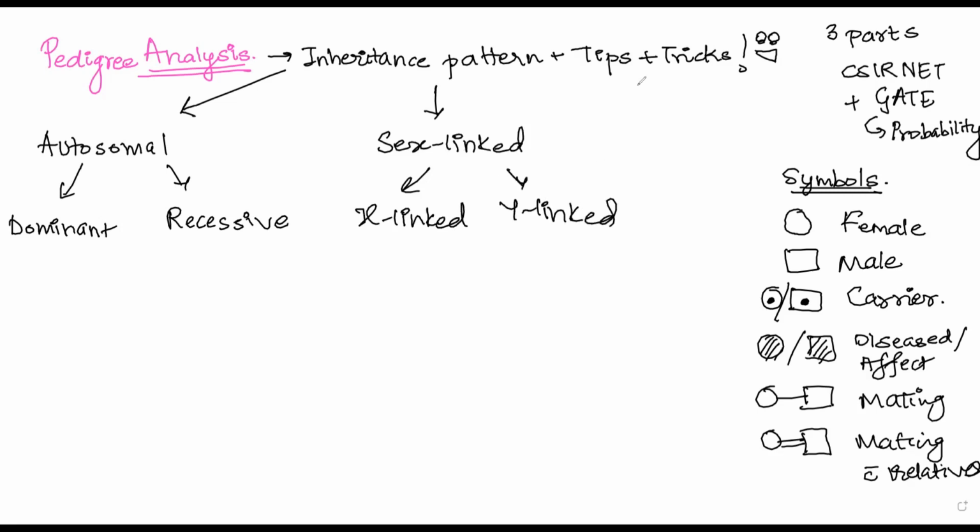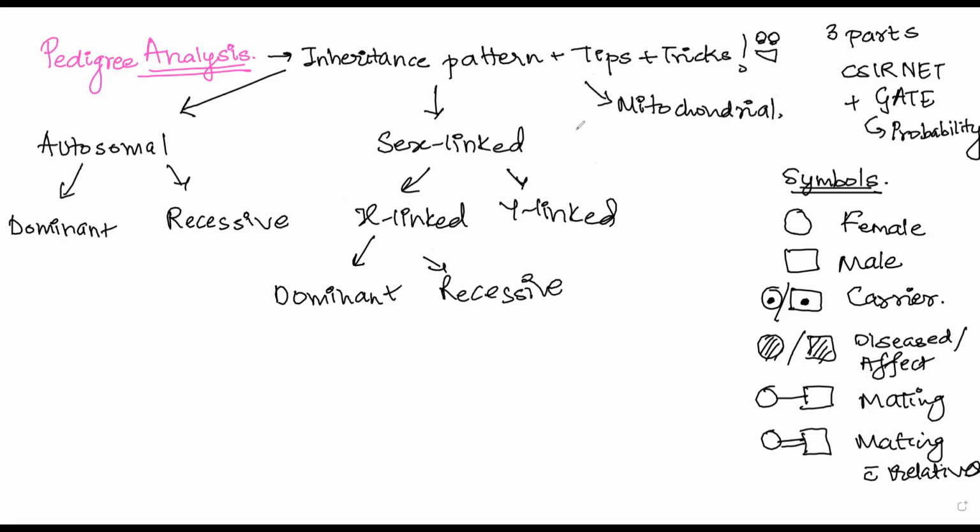Lastly, there is a type called the mitochondrial inheritance. Mostly in this video, we are going to focus on the autosomal and the sex-linked ones. Under the sex-linked, you further have X-linked dominant and X-linked recessive. So these are the different types.